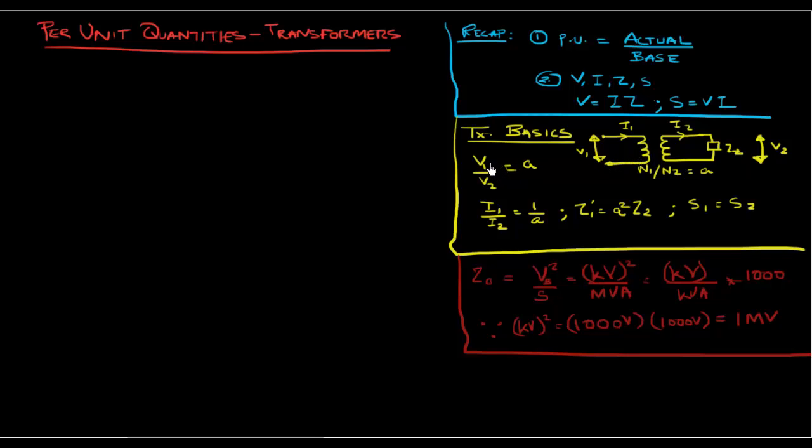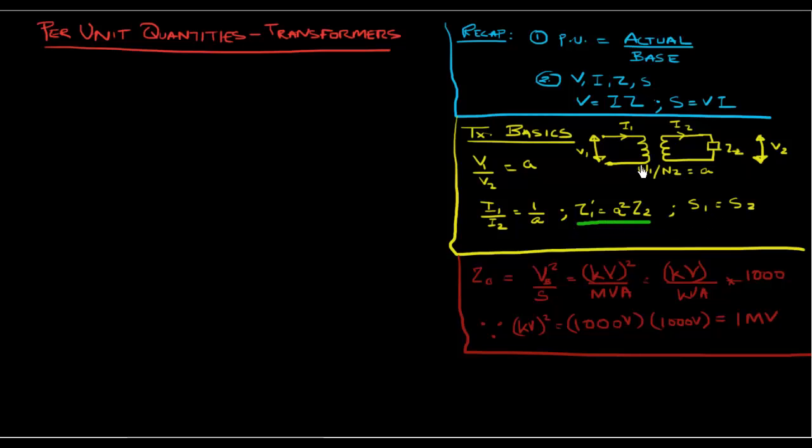We should remember that the voltage ratio V1 by V2, so the voltage on the primary and the secondary, is directly proportional to this turns ratio. The current ratio in the primary over the secondary is inversely proportional to the turns ratio. We know if there's an impedance on the secondary, that impedance would be seen on the primary. Let's call that Z1 prime, and that's defined by this relation right here.